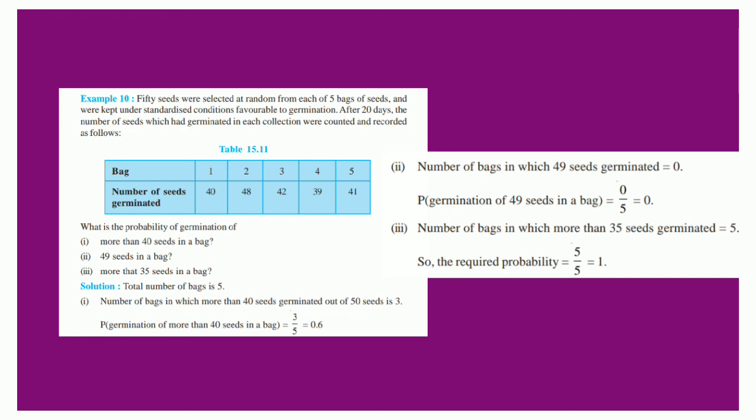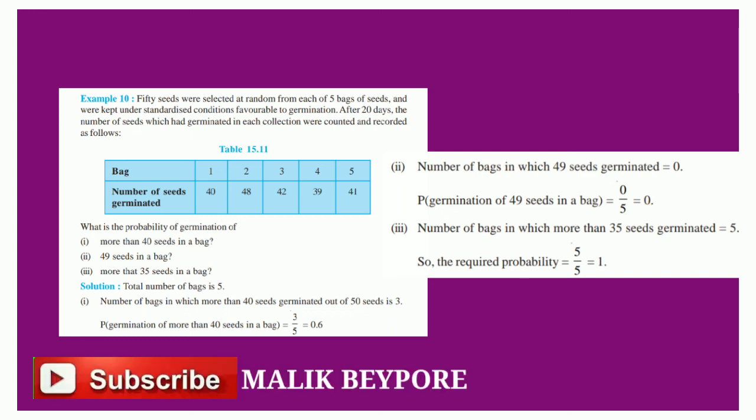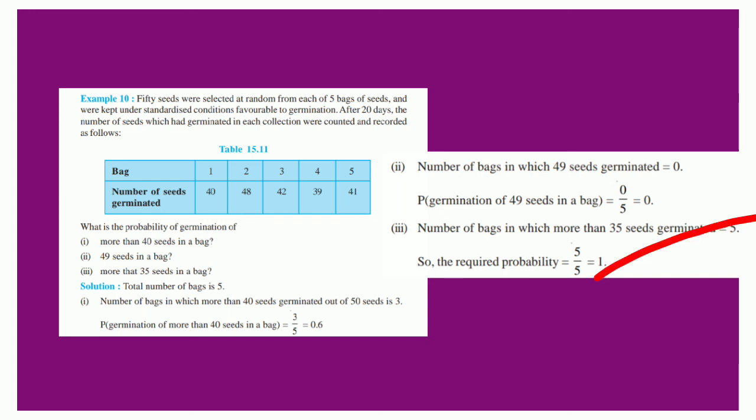Here there is no bag with 49 seeds, so the answer is 0. So probability of germination of 49 seeds in a bag is 0 by 5, that's equal to 0. Then the third one, the number of bags in which more than 35 seeds germinated. That is all 5 bags. So the required probability is 5 by 5, which is equal to 1.